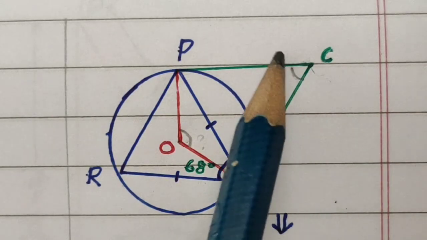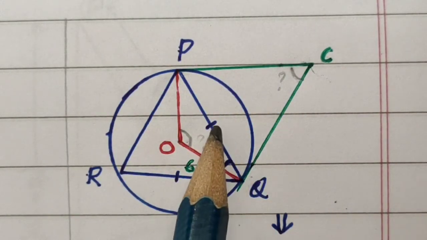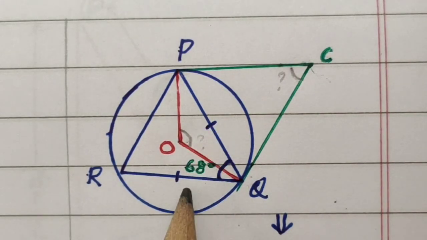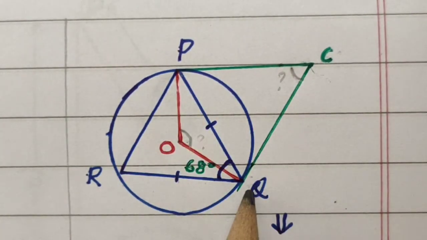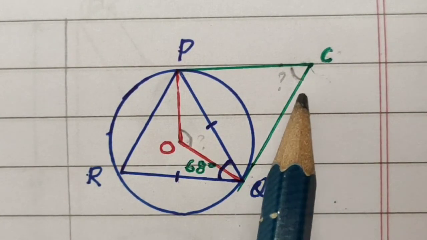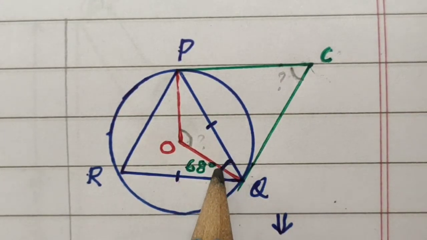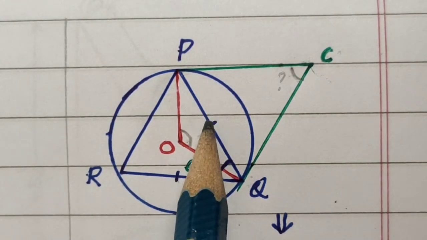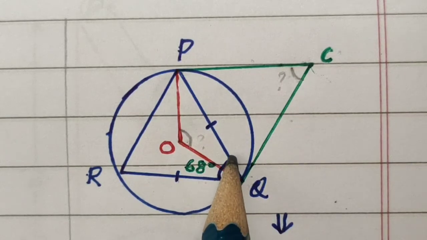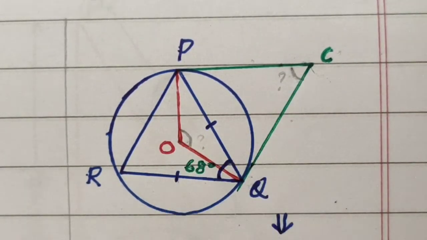They have given this figure. In this they say that PQ is equal to QR and PC and QC are tangents. We need to find this angle and this angle. They have given this angle as 68 degrees. Nothing else they have given. They have given only that these two are equal, these two are tangents, and this angle is 68 degrees. We need to find this angle and this angle.